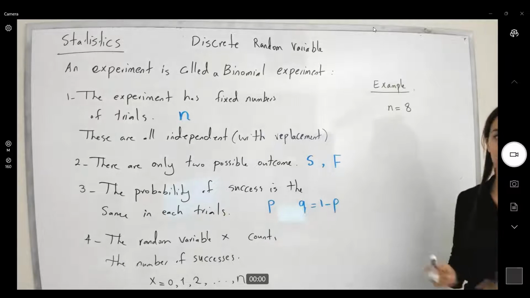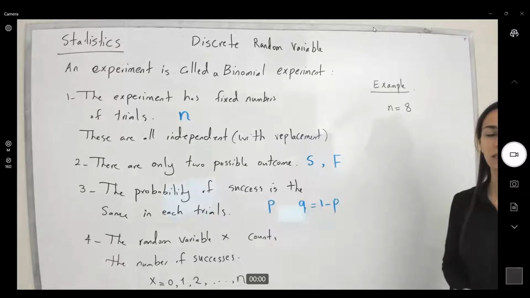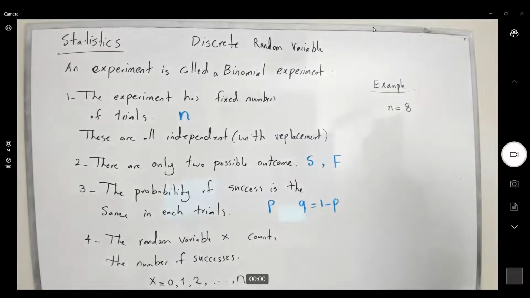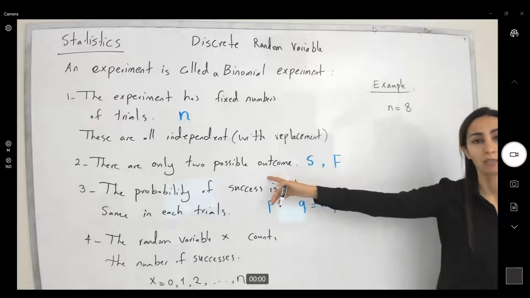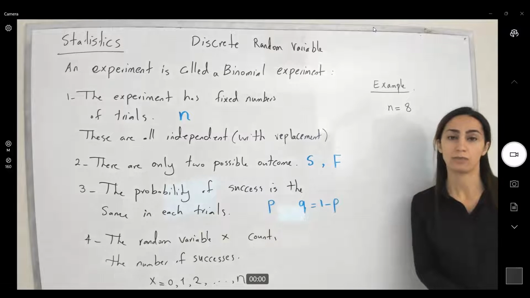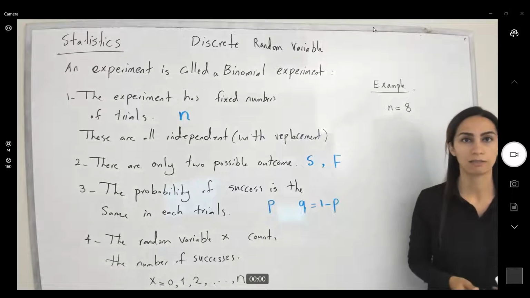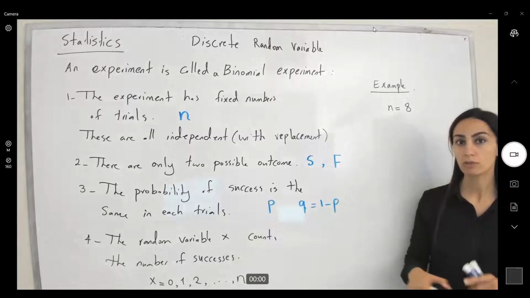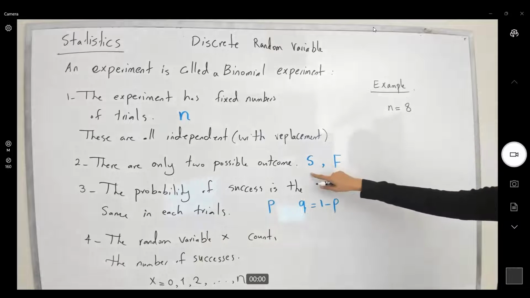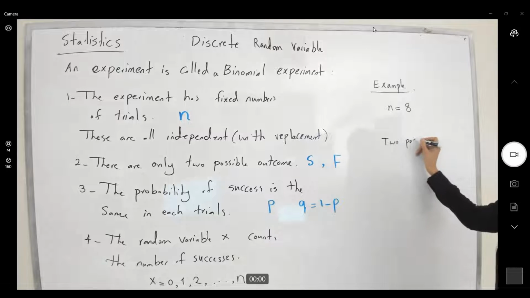From past studies, for example, the success is 85%. There are only 2 possible outcomes. Your surgery is either successful or it's not successful. You cannot say that it might be successful or not successful. So the second condition is also met: 2 possible outcomes.